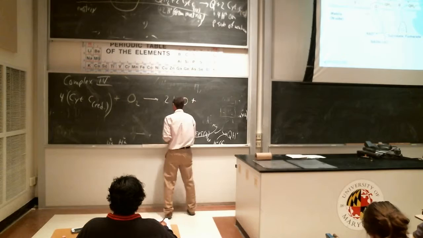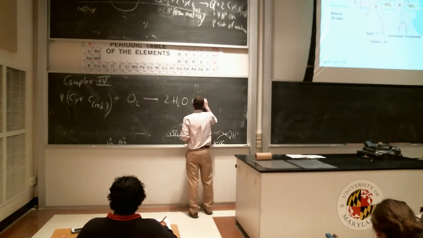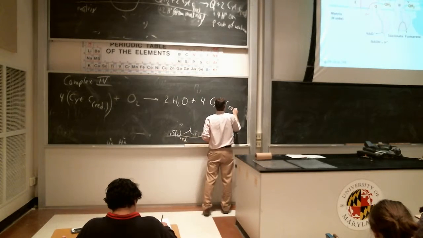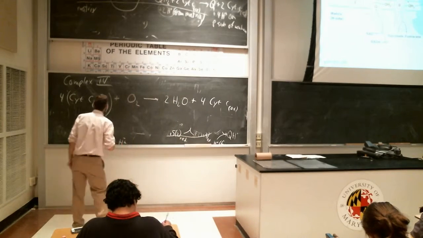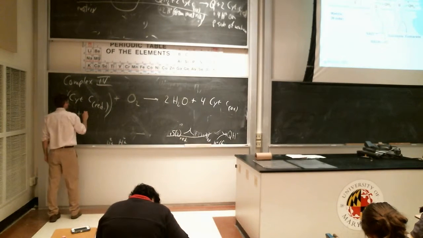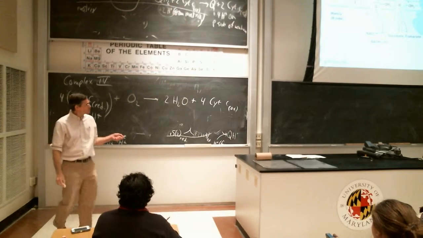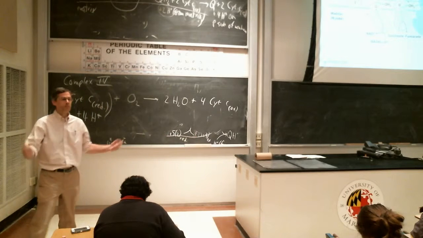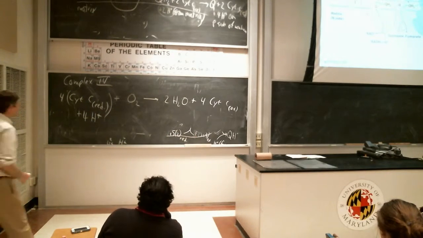So that's going to produce 4 molecules of oxidized cytochrome C in the end. And so we also need 4 protons. So those protons are here, and they are coming from the matrix, and the water is released in the matrix. So that's the overall chemistry of the reaction.